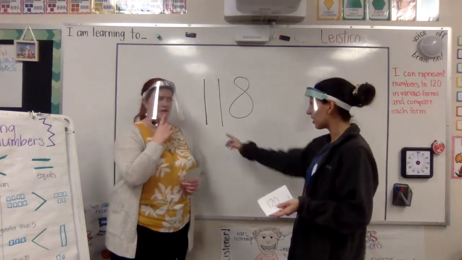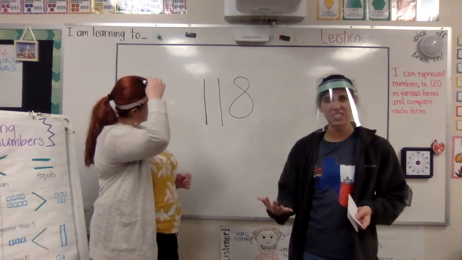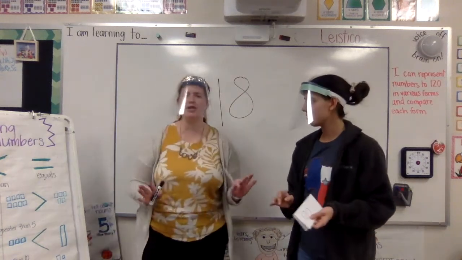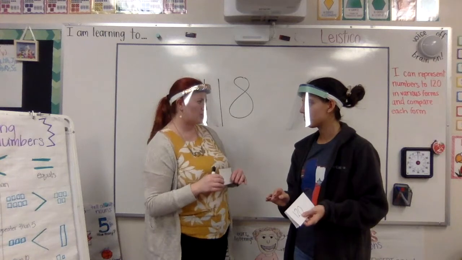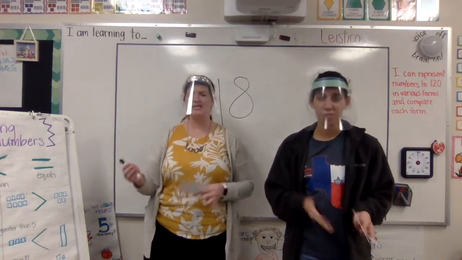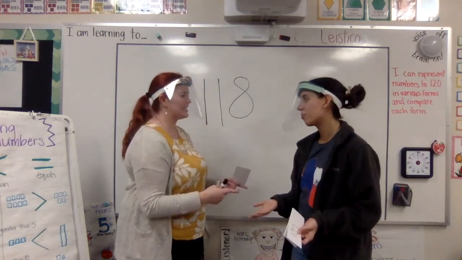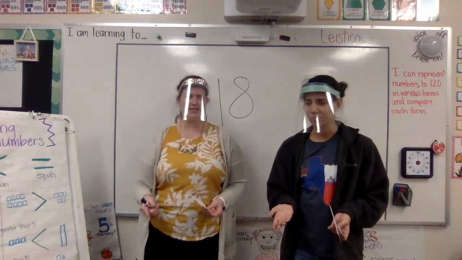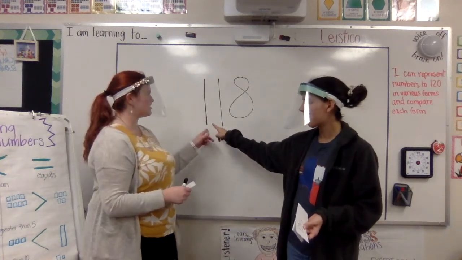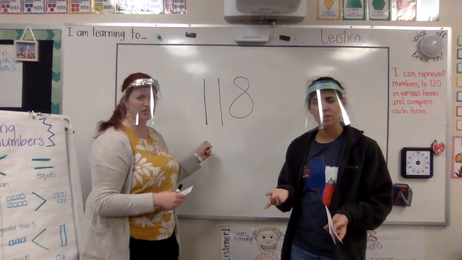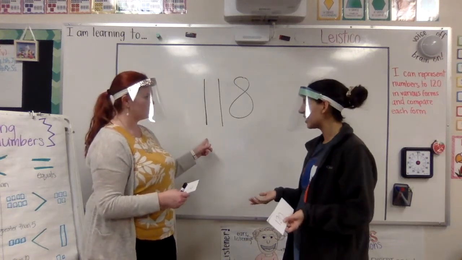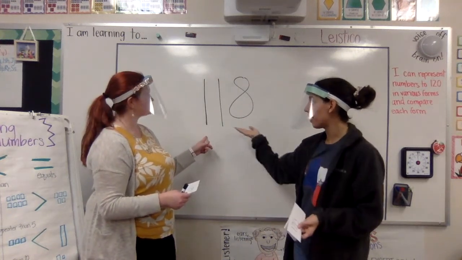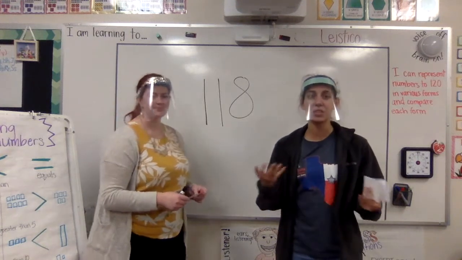So are we still going to look at the tens place first? Well, hang on. When I'm comparing numbers, I always need to start at the greatest place value. We were looking at the tens because that was the greatest place value, but now it's the hundreds. That's the greatest place value. That's right. So we have to look at a new place value in order to figure out which one is greater.